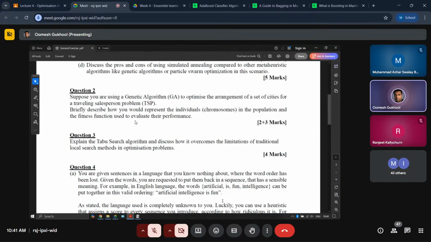Okay. Suppose you're using a genetic algorithm to optimize the arrangement of a set of cities for the traveling salesman problem. Briefly describe how you would present the individuals, the chromosomes in the population, and the fitness function used to evaluate their performance. There are different ways of doing that.